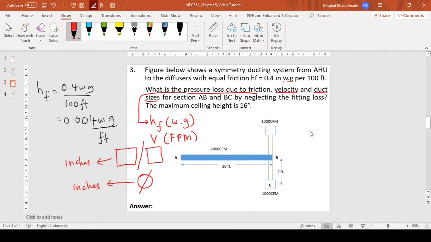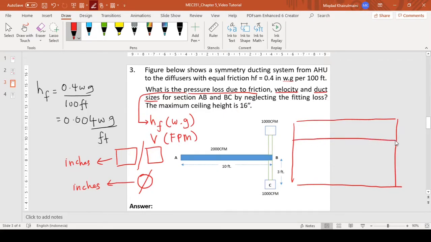So ceiling height 16 inches refers to, if we were to draw our space from the side view, let's just say this is our space, and we have a space in between our ceiling and roof. The bottom part here is our ceiling, and the top part is our roof.